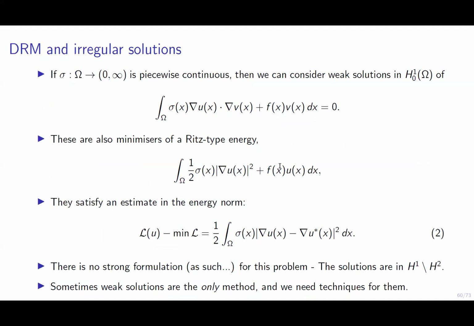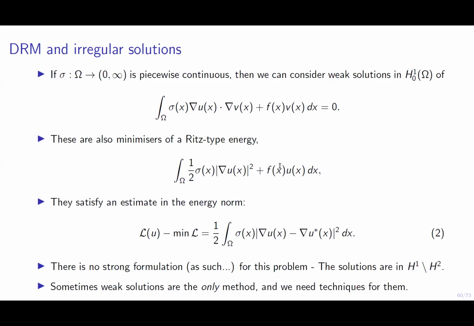Sigma could be something like a resistivity, and we're looking for solutions of the transmission problems of Poisson with variable coefficients. So I want a U such that the integral of sigma gradient U dot gradient v plus f v is equal to 0 for every possible test function v.